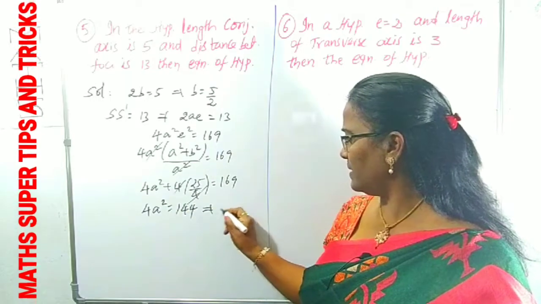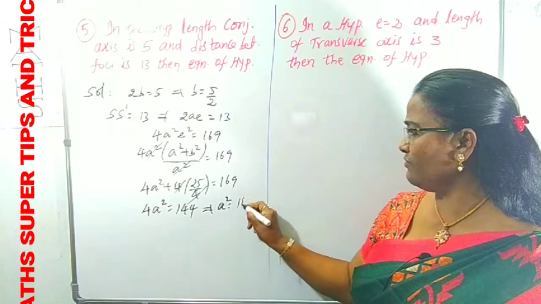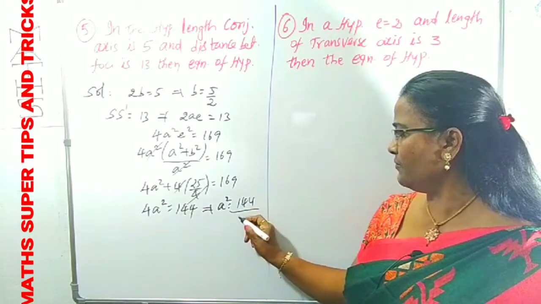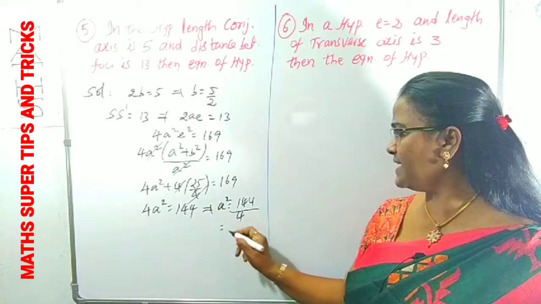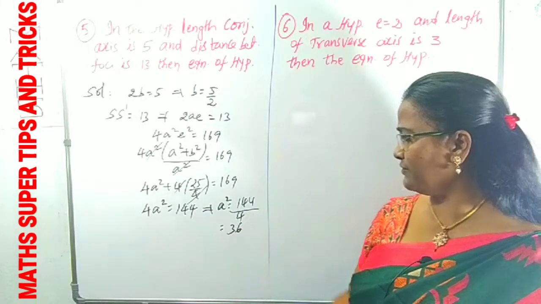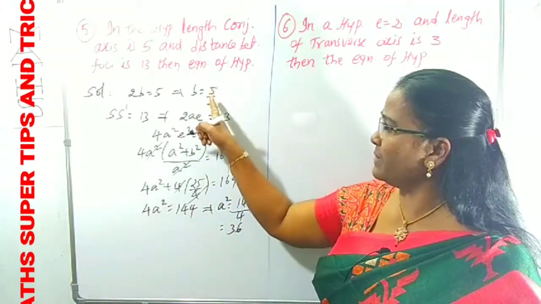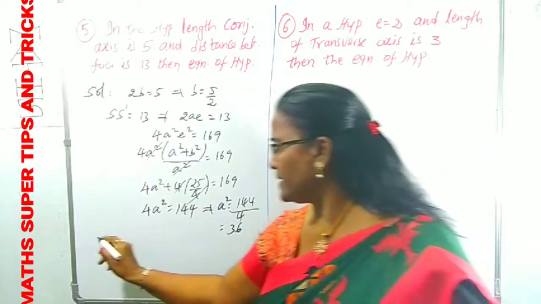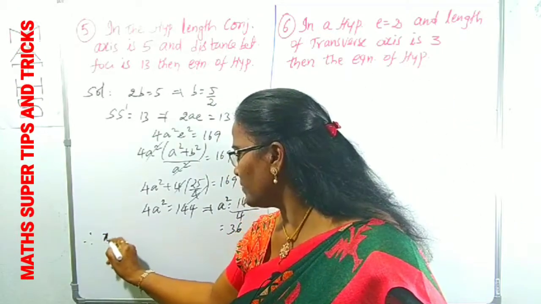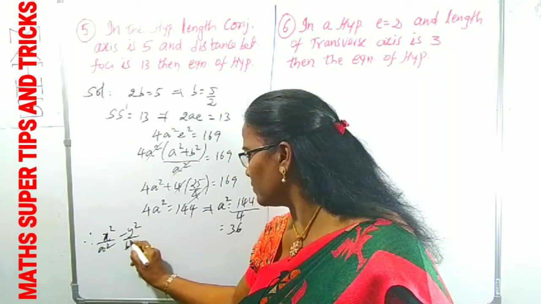What is a square? a square is 144 by 4. 4 gets cancelled. 4 threes are 12, 4 sixes are 24. We got a square as 36. b square is 25 by 4. What is a hyperbola? That is x square by a square minus y square by b square equals 1.